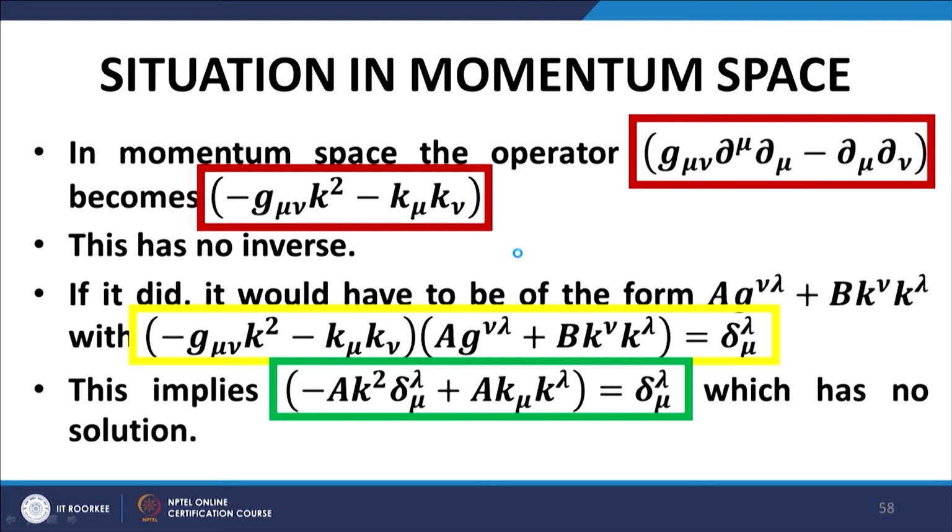That is established in the slide because, if there were to exist an inverse, it would be of the form capital A times A V mu nu plus B k nu k lambda, and on taking the product of this inverse and the original operator, we should have delta on the right hand side, but this equation has no solution.